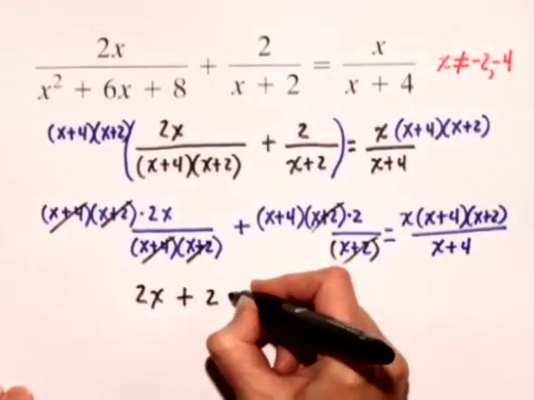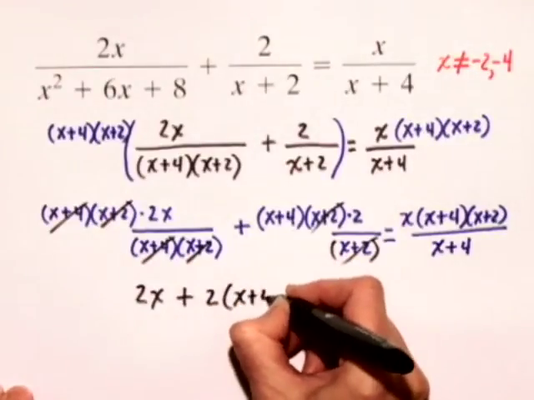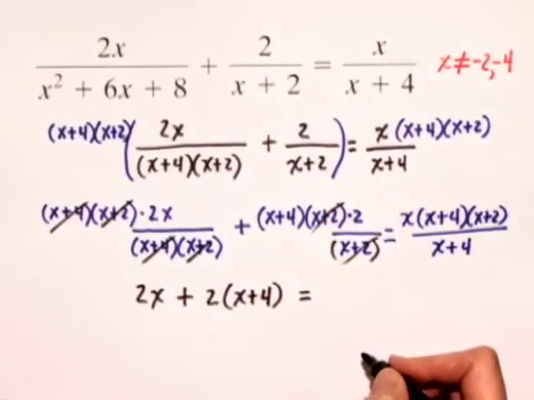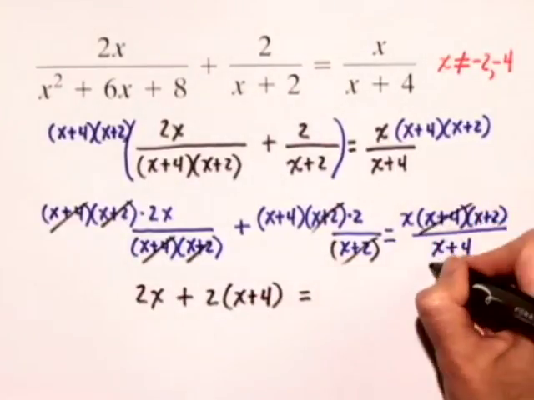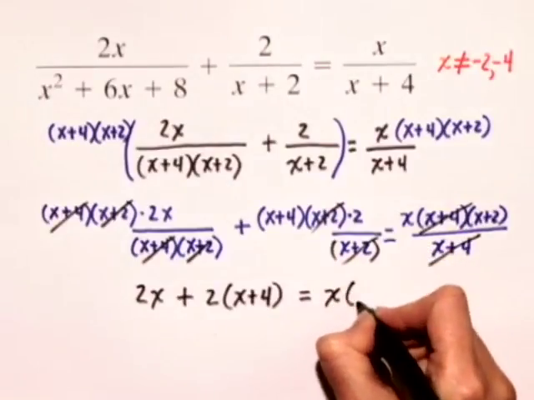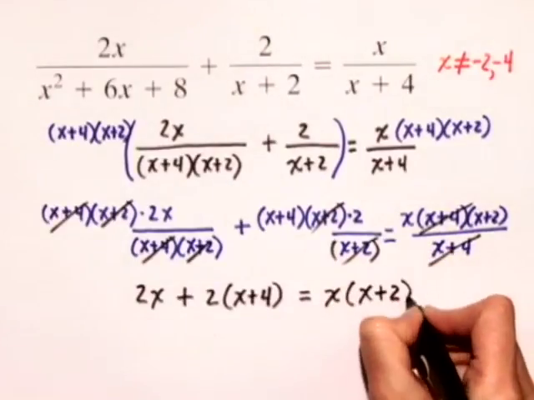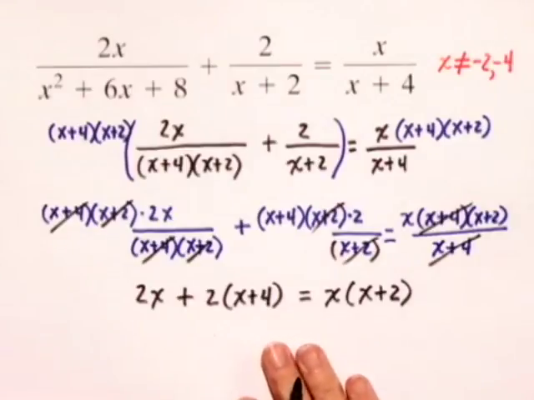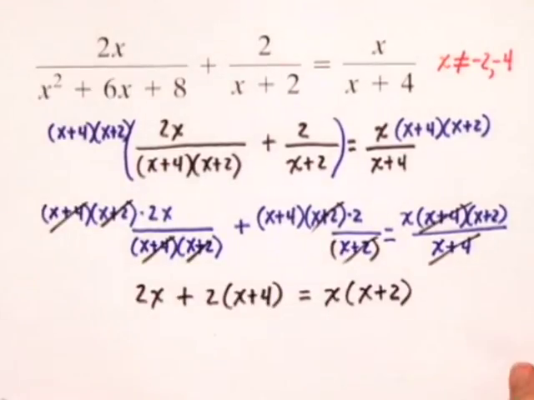I can write the 2 in front of the x plus 4 since multiplication is commutative. Equals, on the right-hand side, x plus 4 cancels with the x plus 4, and I have x times the quantity x plus 2. So now we have an equation that no longer contains fractions, and we're going to continue by solving this equation.